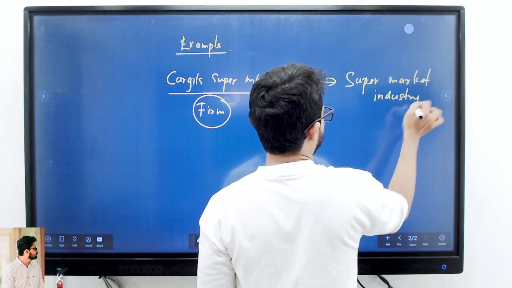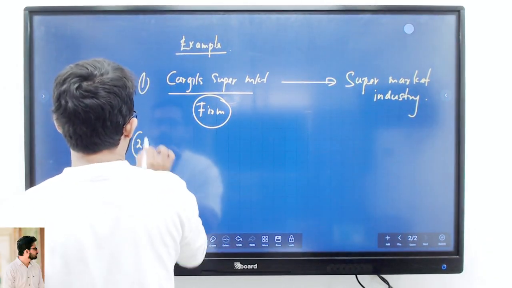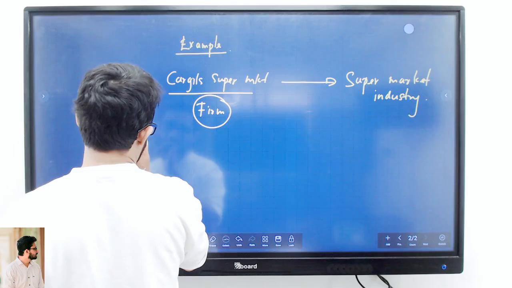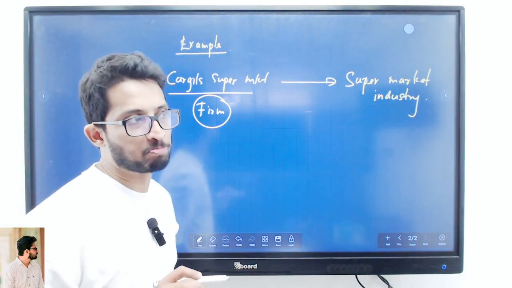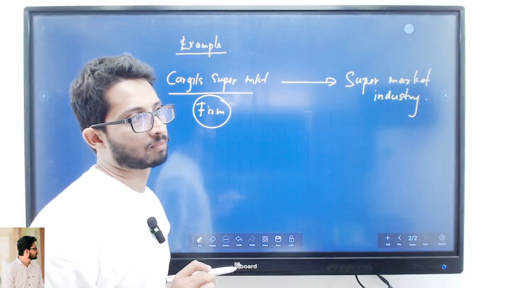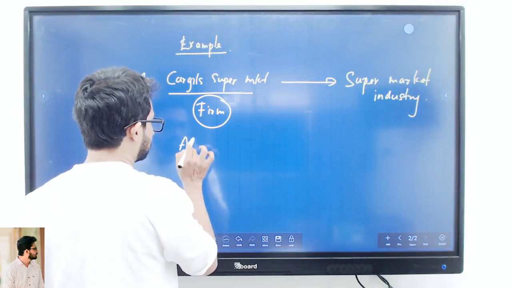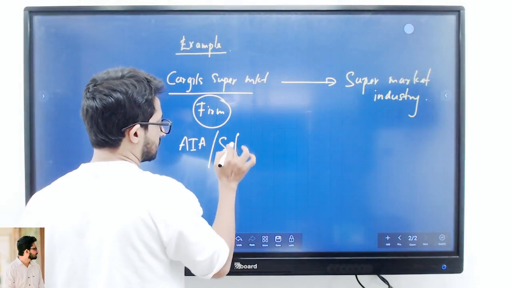Another example. Let's say AIA. You know what AIA is? AIA or Softlogic Insurance.